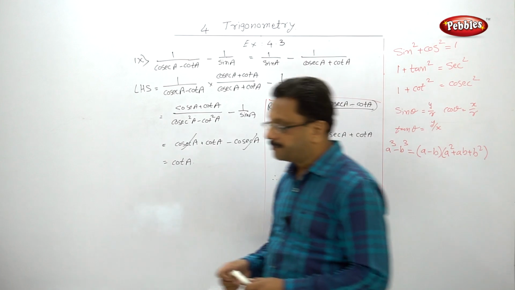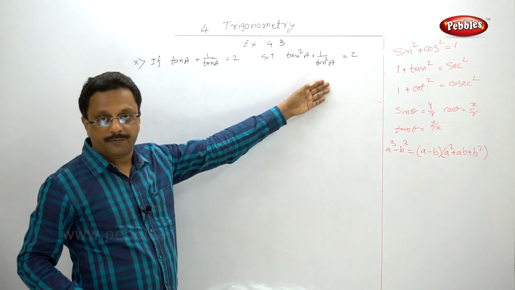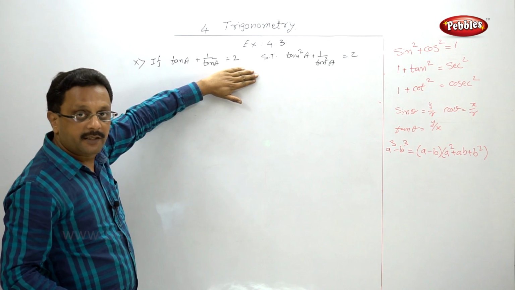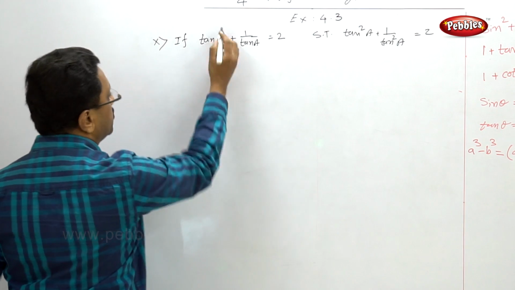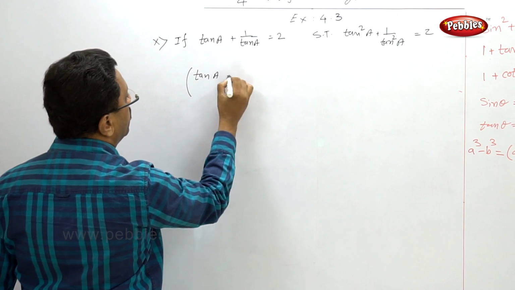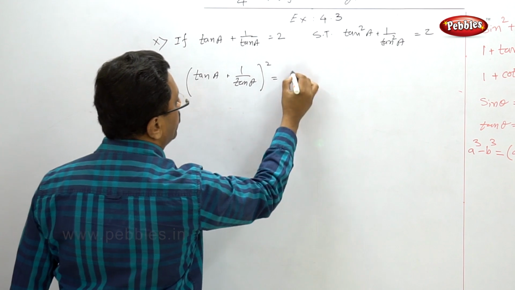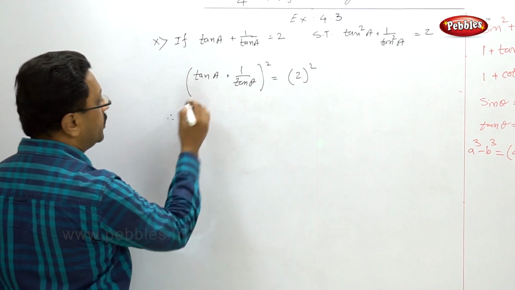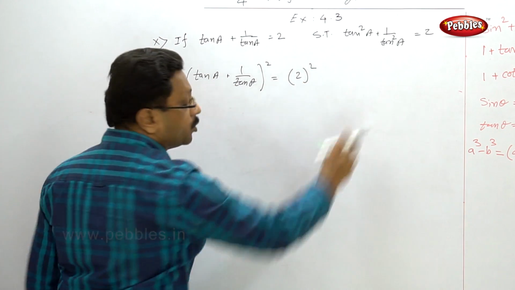Let us go ahead. Now I have to show that something. What I will do, I want to reach here, show that. So I will take left and right hand side both. First of all, I want a square, so I will square both the sides. So I will take tan A plus 1 upon tan A, bracket square, squaring both the sides.